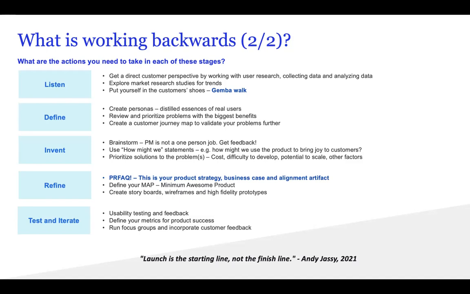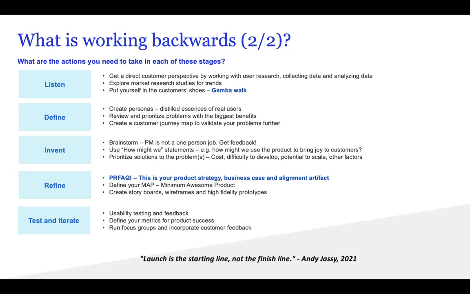Number 2, define. Define the customer, create personas. These are fictional, but distilled essences of real users. These users have behaviors. They have frustrations. They want to accomplish things. What is actually restricting them from doing those? Review and prioritize the problems. A customer can have multiple problems, but you want to focus on the most impactful problems.